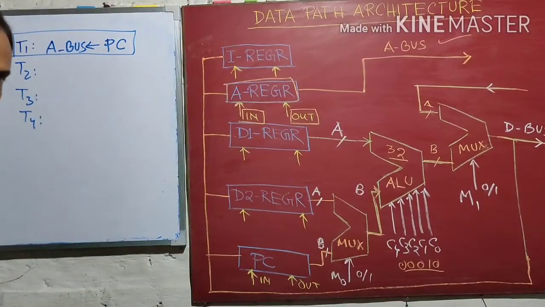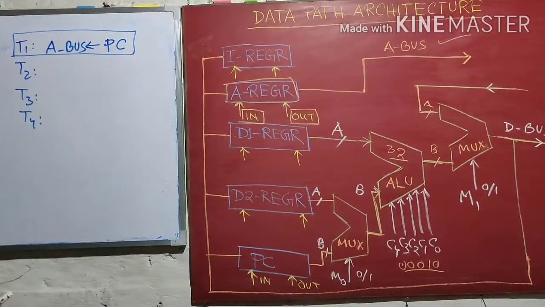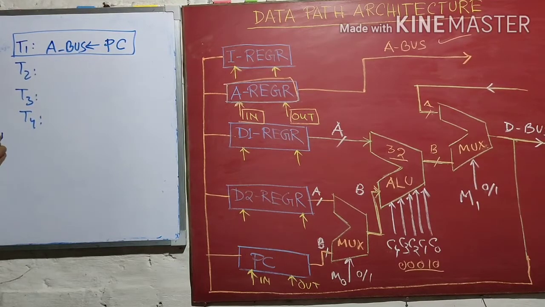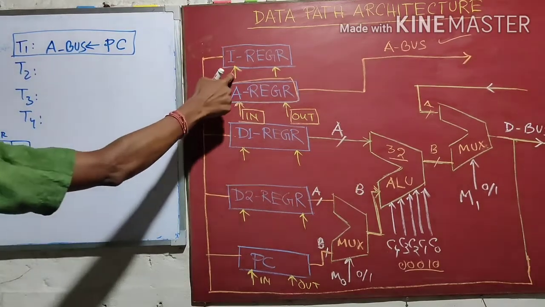To perform this operation, what different control signals will be generated? If we write all the control signals here, what will happen? The instruction register will have two control signals, in and out.